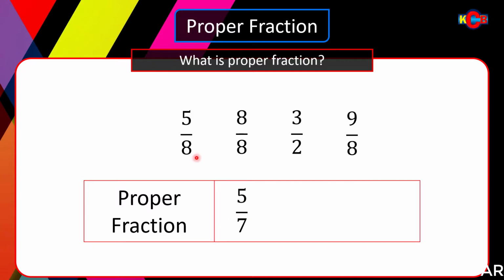Next, 5/8. Since 5 is smaller than 8, thus this is also a proper fraction. Here we have 8/8. Both the numerator and the denominator are 8. Therefore, it is not a proper fraction.